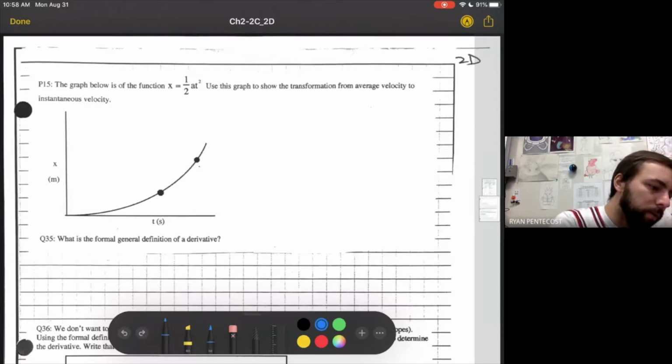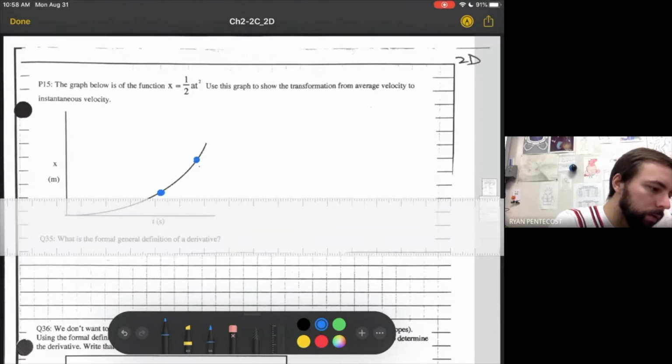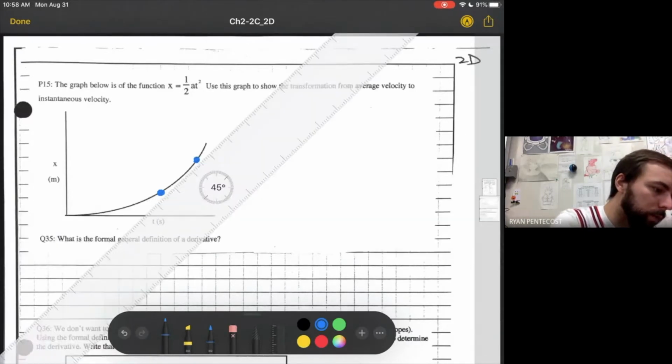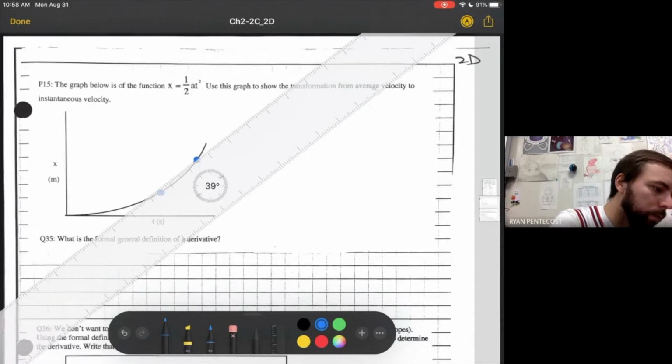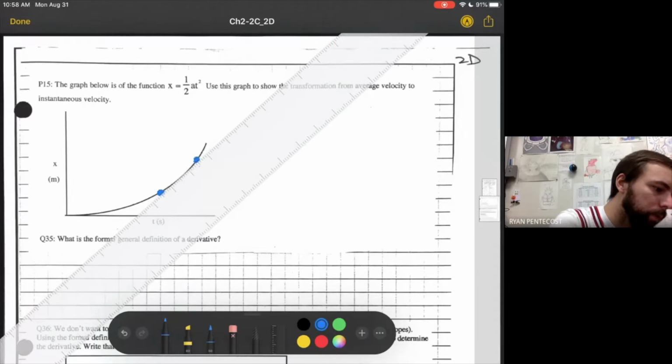So if we want to find the average velocity between these 2 points, what we would do is draw a secant line right here.